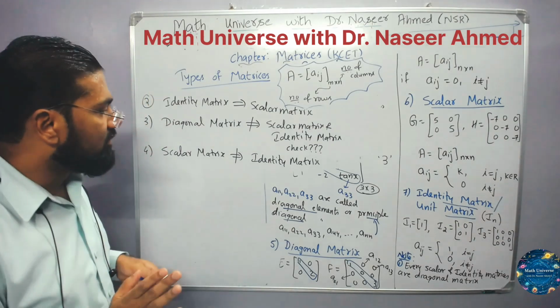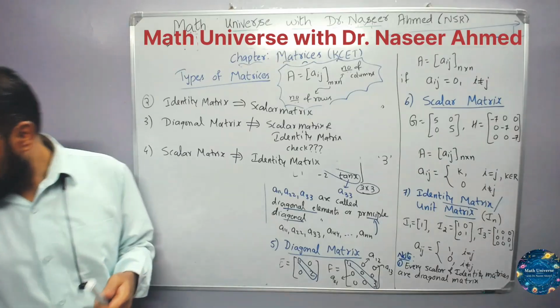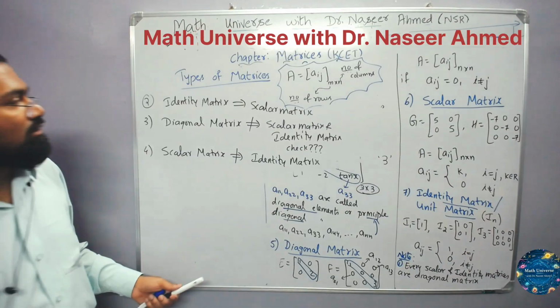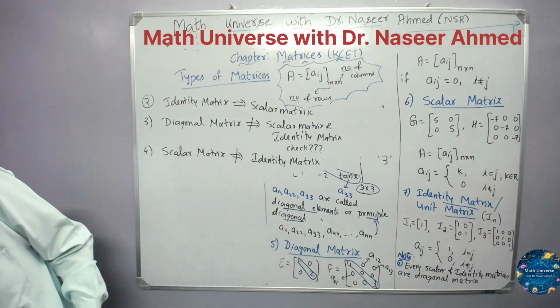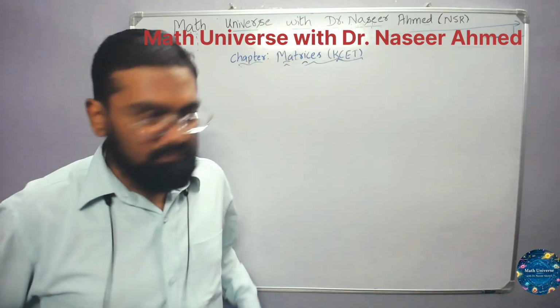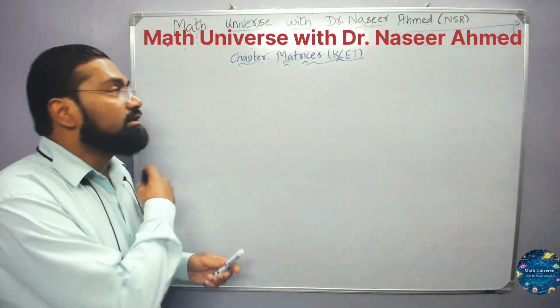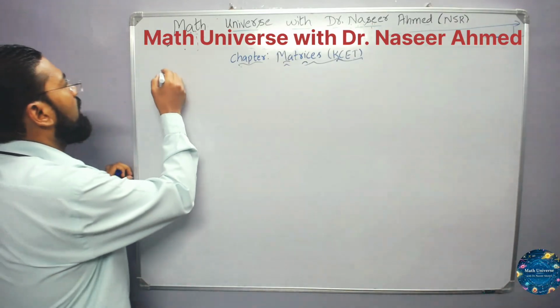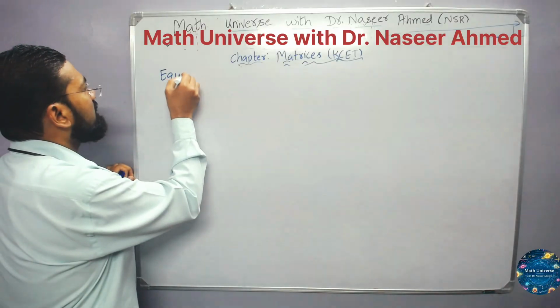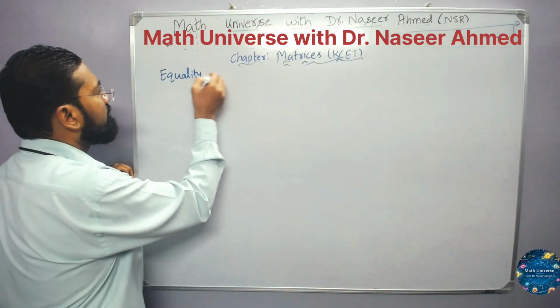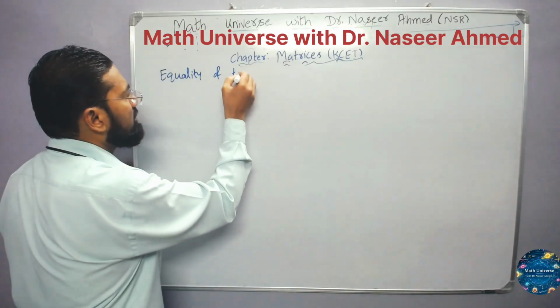Now let us move on to equality of two matrices. Let me erase it. First, make a note of this. Now let us proceed on equality of matrices. Equality of two matrices.